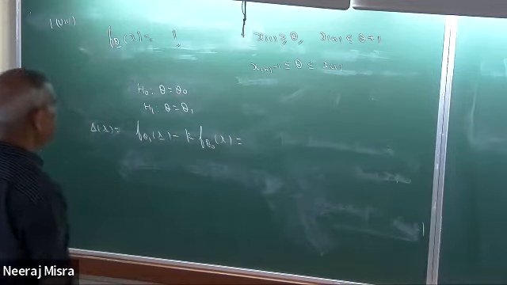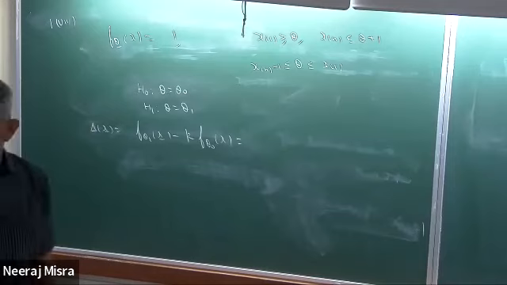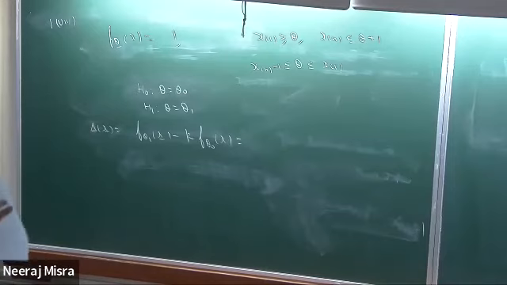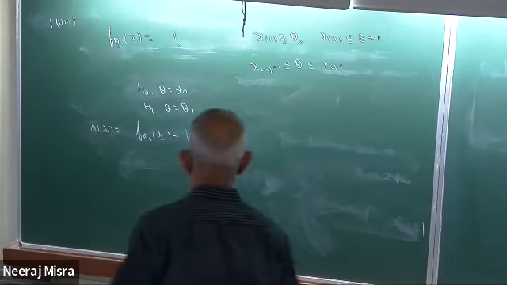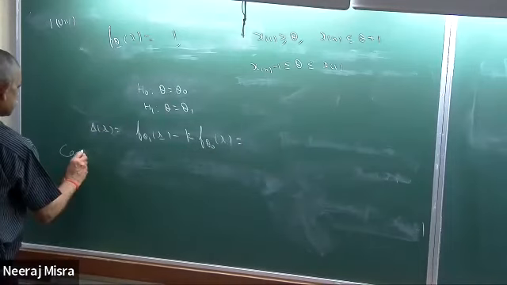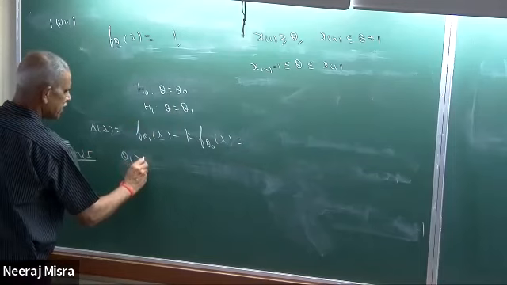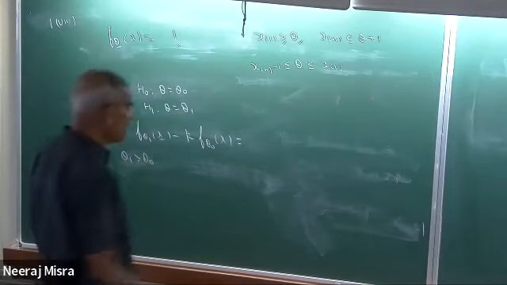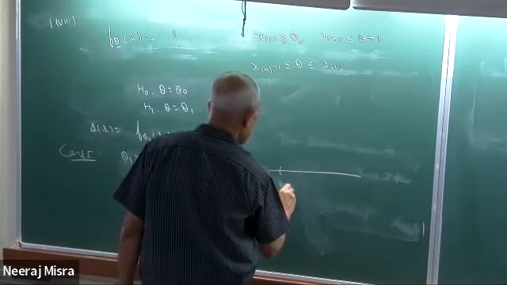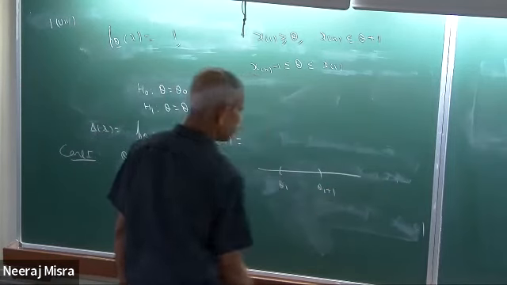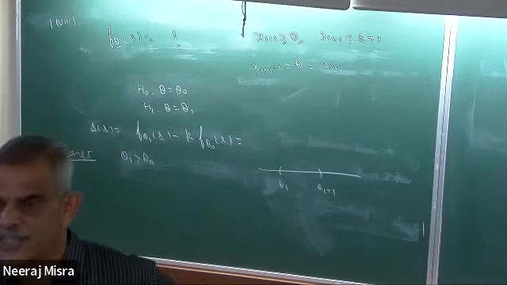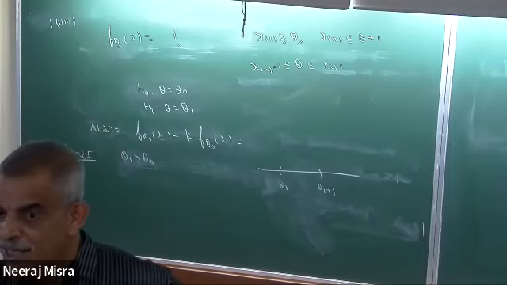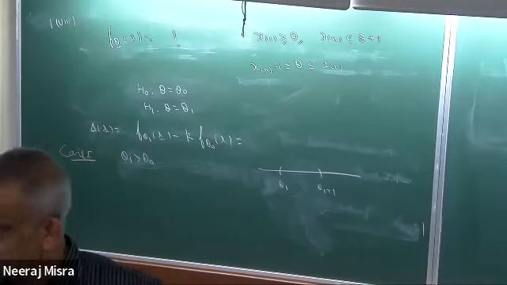Now one is theta 1 and one is theta naught, so I have to consider two cases: whether theta 1 is bigger than theta naught, or theta 1 is less than theta naught. First case, theta 1 is bigger than theta naught. Then under theta 1 my interval is theta 1 to theta 1 plus 1, and under theta naught my interval is theta naught to theta naught plus 1. Now they may overlap, they may not overlap, so again two further cases arise.